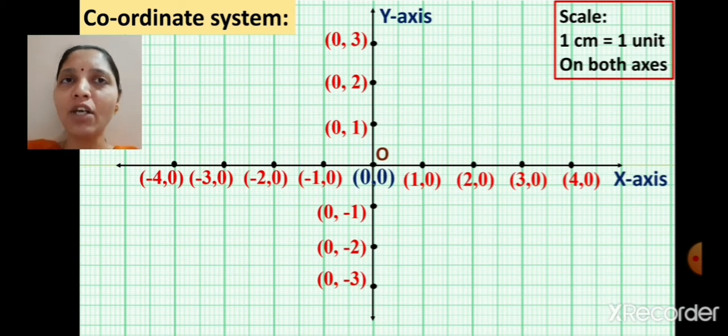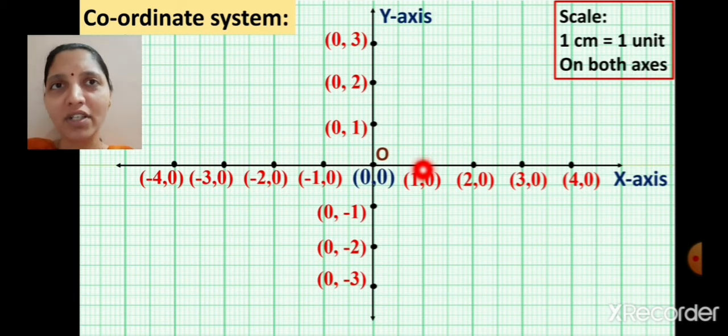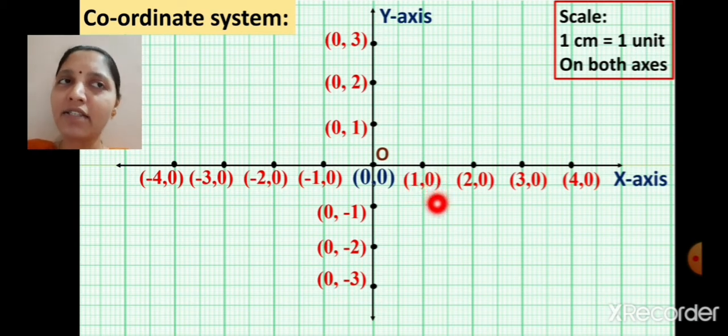Now what is the meaning of coordinates? Now each point is having some unique number associated with it. So here if I consider this point, then this point is lying on the x-axis. That means the x coordinate of this point is 1 and the y coordinate will be 0.